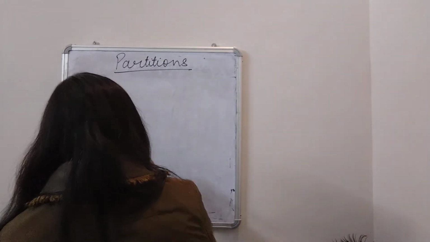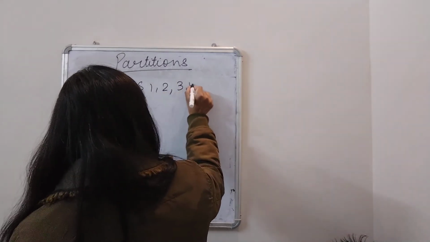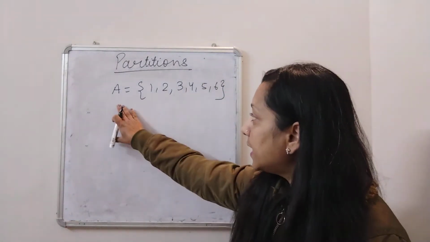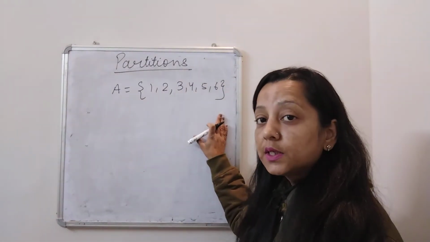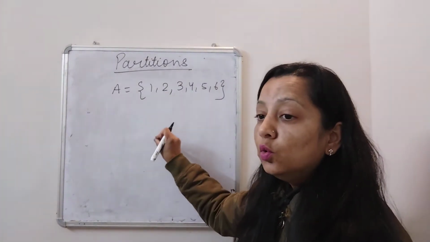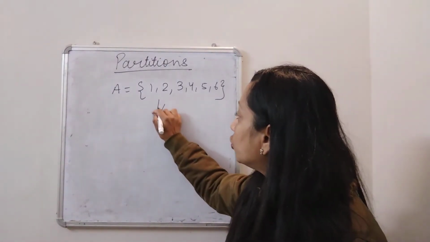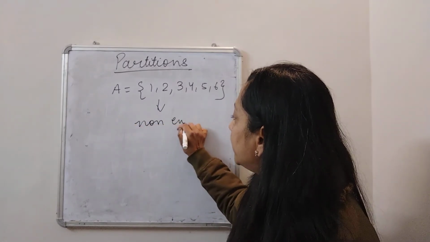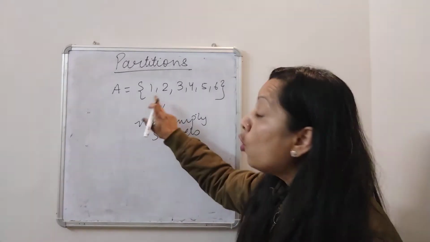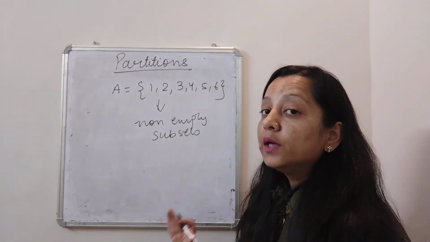Okay, so partition. If I have a set A having elements 1, 2, 3, 4, 5 and 6, what is the definition of partition? The definition of partition says that it is the grouping of a set into different non-empty subsets, such that no element appears in more than one subset.